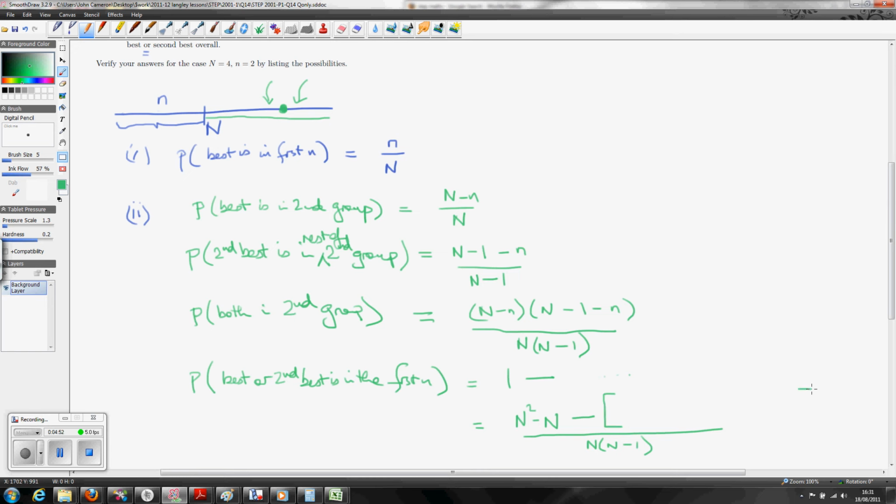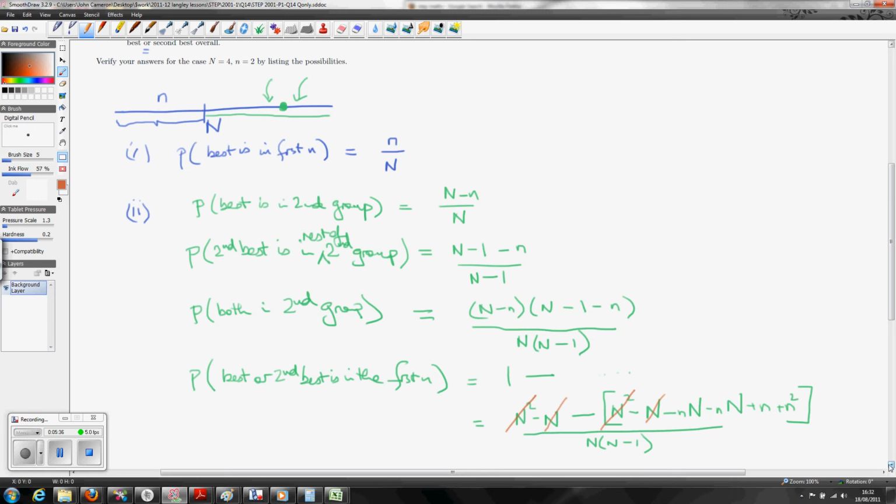I'm going to put big square brackets here, and now I'm going to multiply out this expression, and I will get big N squared multiplied by n here, minus n minus n, small n, big N. I'm going to multiply by the small n, so it's minus another n plus n squared. Now let's take a different color to do some cancelling. Red is the color for cancelling. You can see that that N squared and that N squared cancel, and that n there cancels with that one.